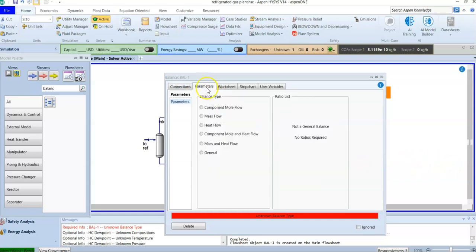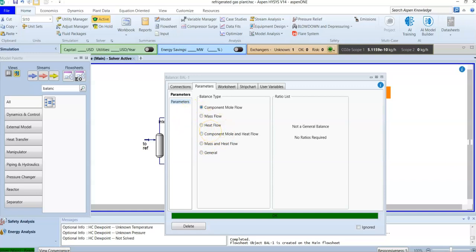If we go to the parameters, we have different balance types, and this one is a component mole flow. The component mole flow means the overall balance is performed here, which is the only molar flow of each component is conserved. Like combined outlet stream will have the same component flow rate as the inlet streams.